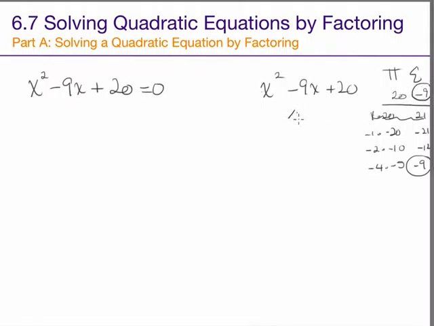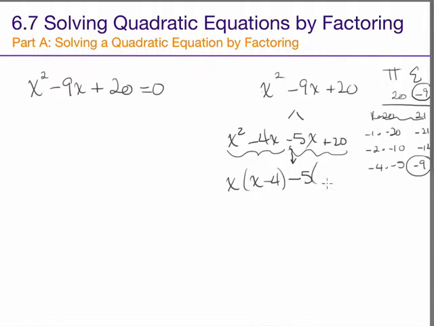So now I know how to break up my middle term. Negative 4x minus 5x. Greatest common factor here is x, and what's left over is x minus 4. Greatest common factor here is negative 5, and what's left over is x minus 4, because a negative times a negative gives me a positive.